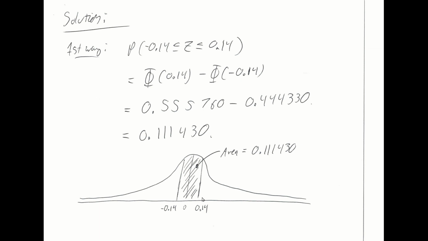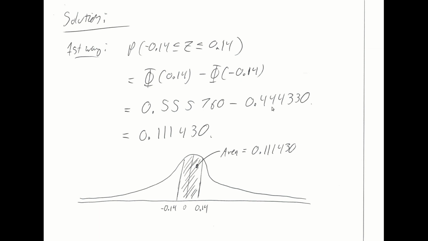There's more area under the curve to the left of 0.14 than to the left of -0.14, because one simply contains the other. That gives you a sanity check: if your probability comes up negative, it's likely that you reversed the order of the subtraction. It's always phi at the right-hand endpoint minus phi at the left-hand endpoint.